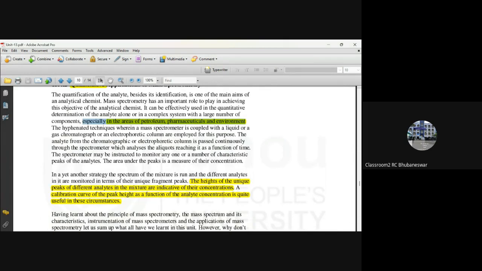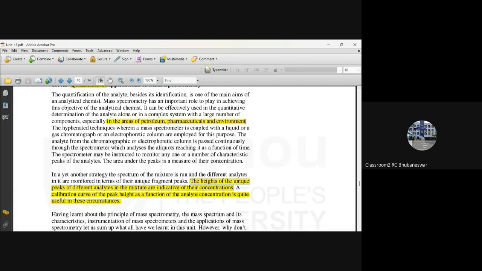The heights of the unique peaks that you get in the spectrum of different analytes in the mixture are indicative of their concentrations. In the mass spectrum you get some height, and the heights of the unique peaks of different analytes in a mixture are indicative of their concentrations.